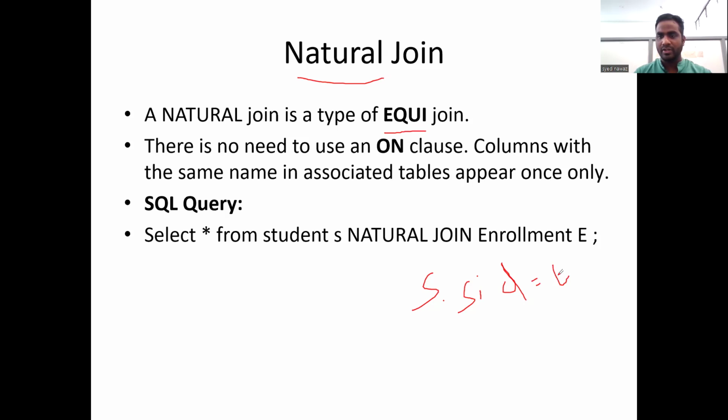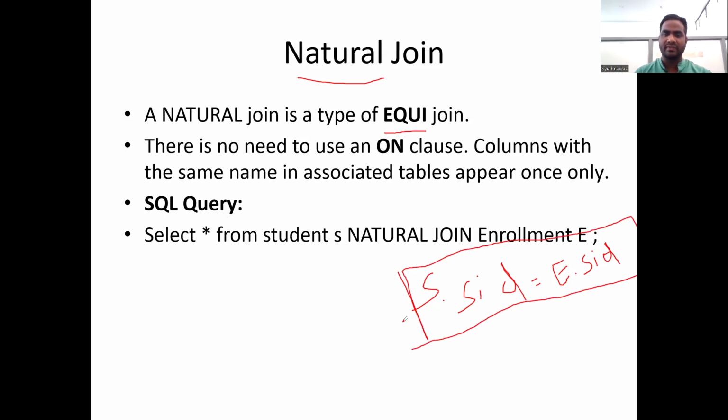This field we need not specify in natural join, because in natural join, it is going to implicitly find out what are the common fields present in your tables, and then it is going to perform an equality of all those fields or attributes present in your tables. So this condition you need not write in the natural join.